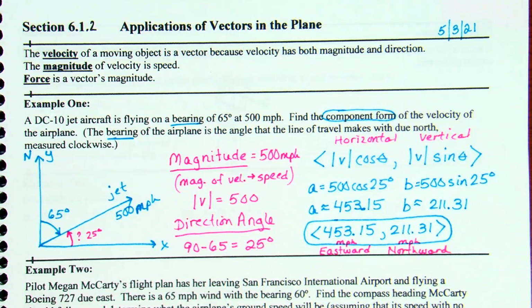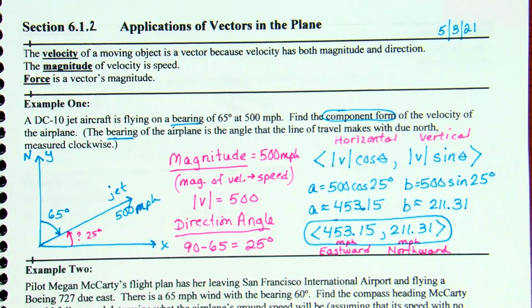I have eastward and northward written down, which I'm guessing I got from the book, but you get the idea. There are two components here. Together, they make the northeast, but individually, you've got the north and the east separately.